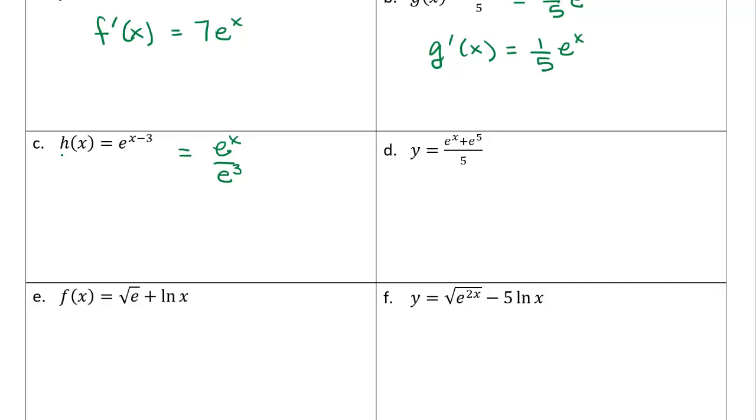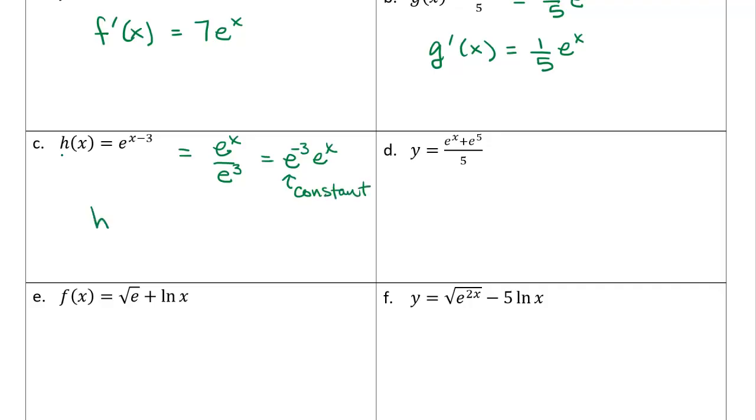Because when you have a quotient with the same base, you can subtract the exponents. So if we have a difference in the exponent, we can go the other way and write it as a quotient. Now we could also write this as e to the minus 3 times e to the x, either way. But now you can see that this is just a constant.